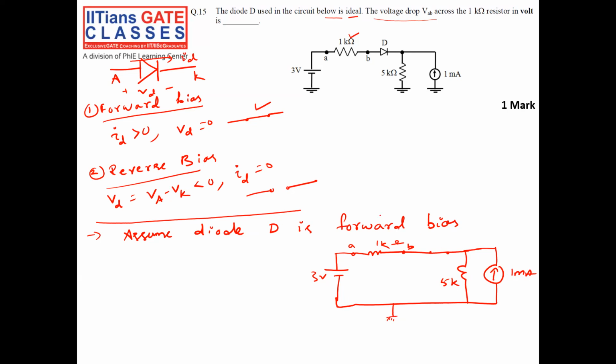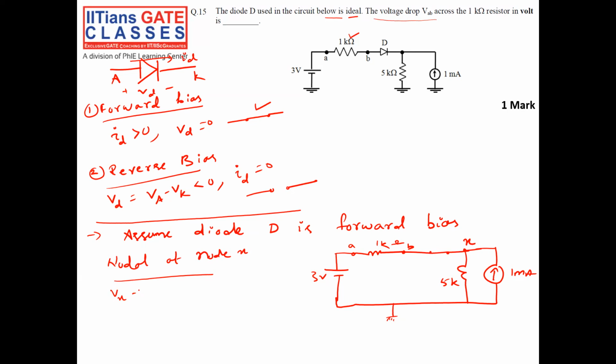Now, with this assumption, let us calculate the current through the diode. For that, let us put the nodal equation at this particular point. The node will be X. At node X, let the voltage be Vx.